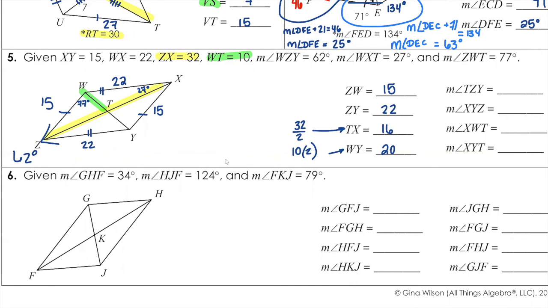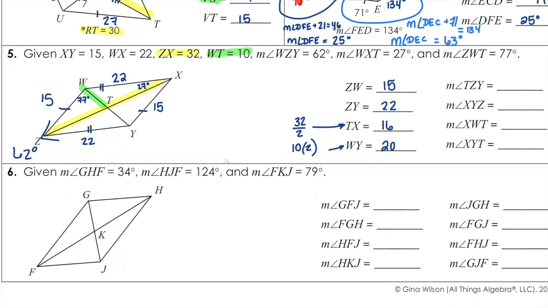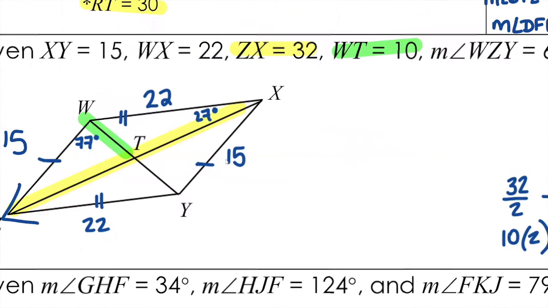TZY. What did I tell you guys about parallel lines and always being able to look for a what? Alternate interior angles. So TZY would be this angle here, correct?